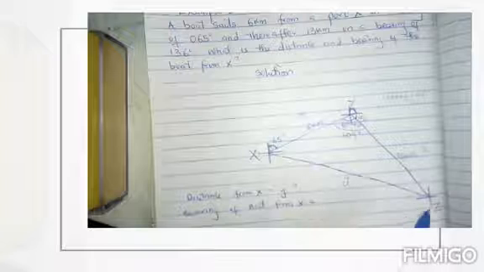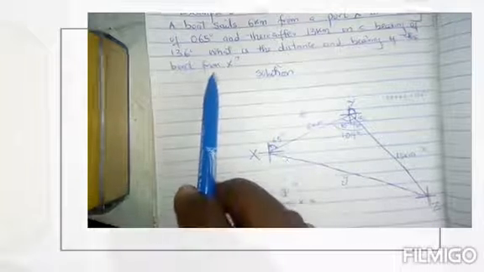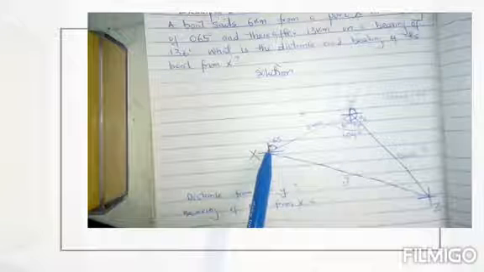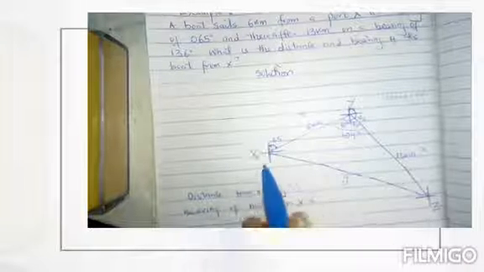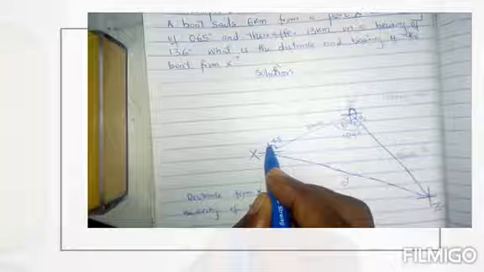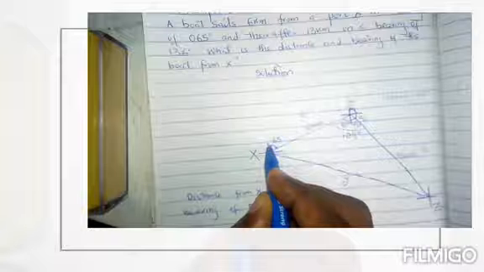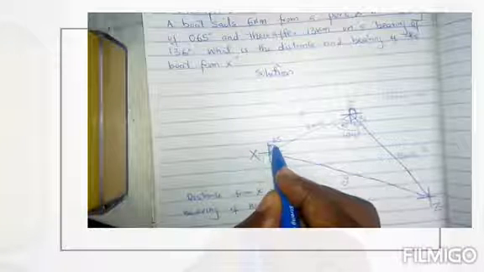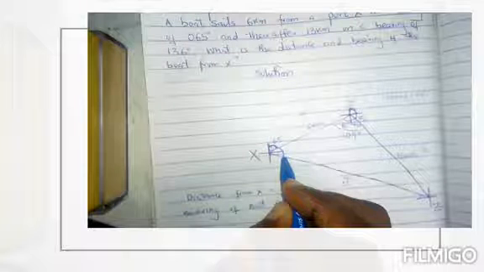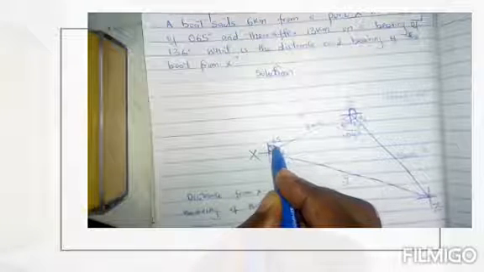Now let's see bearing of boat from X. And this is where I need you to pay attention. Bearing of boat from X, when they say from, that is where you are. You are here. You want to sight the boat. So from the North Pole, that is what bearing is. Go to the definition of bearing I gave. It's always clockwise from the north. So when you locate this line that linked Z, it is this entire size.